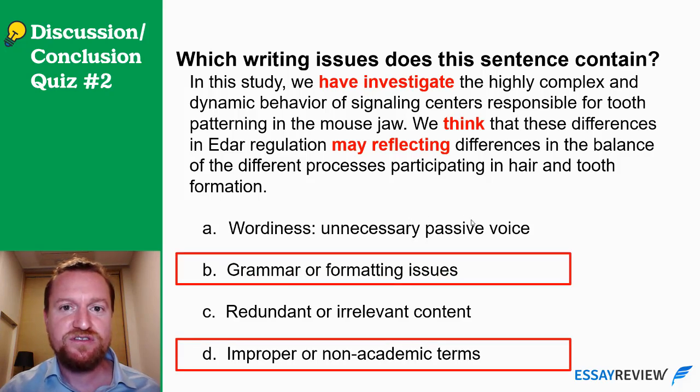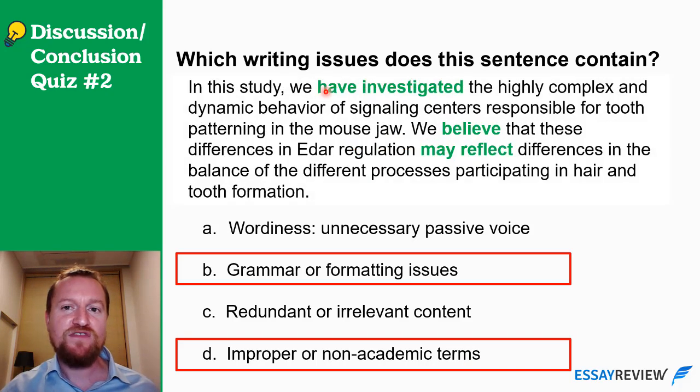Where are the grammar issues? Well, we have investigated. We think that may reflect, right? Improper or non-academic terms: I think that "think" could be improved. So let's see how. We have investigated. We believe that these differences may reflect differences. All right, so there's almost always a better verb if you use these colloquial verbs.